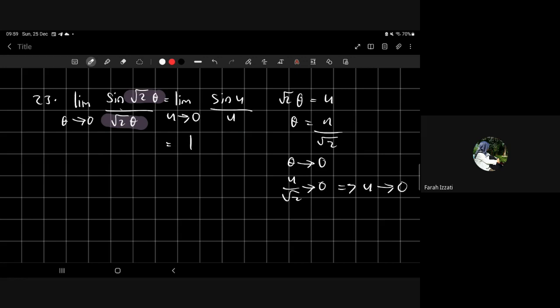Limit as x approaches 0, 1 over theta... 0.00001.